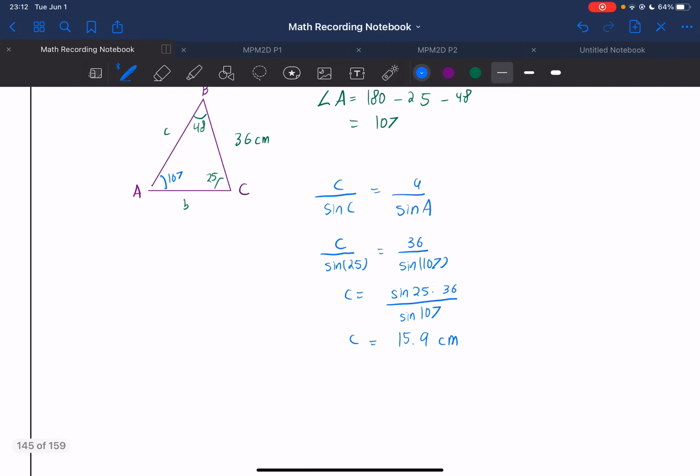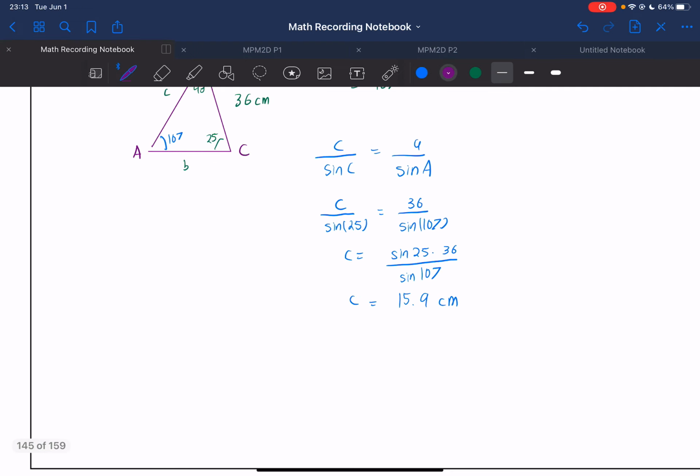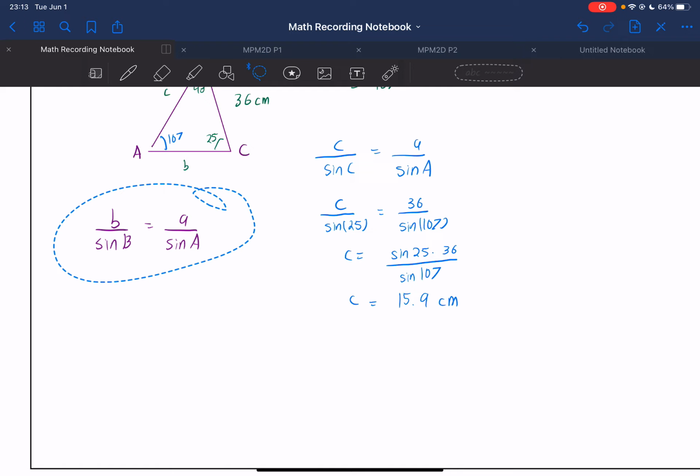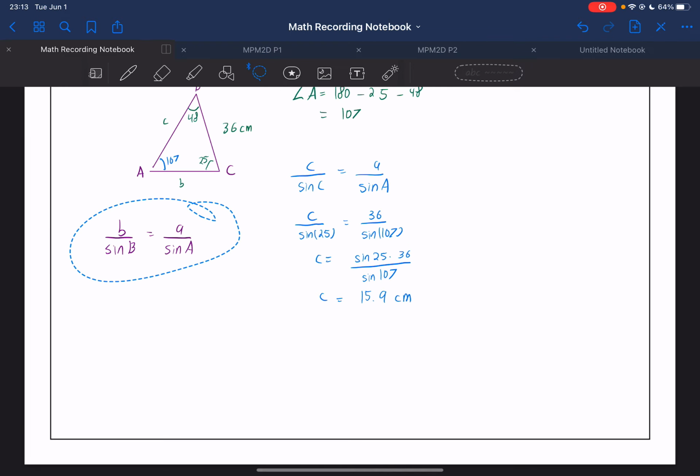Now we need to go and find B. So B over sine B equals A over sine A. We fill in what we know. I'm just going to move this up so we have enough space. We don't know what B is, but we do know sine 48.